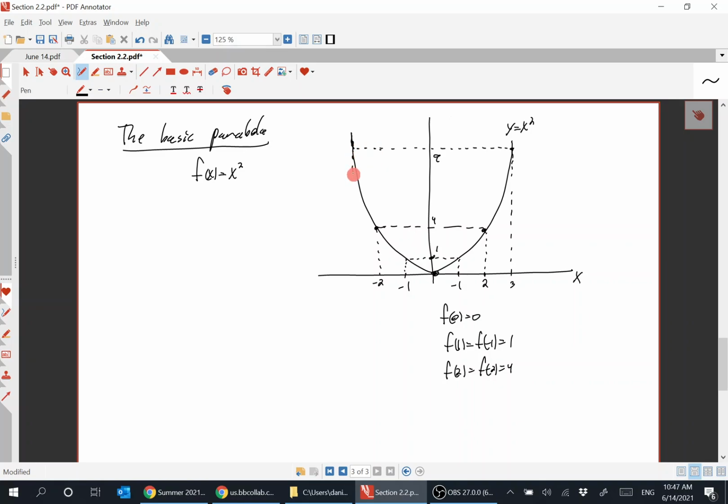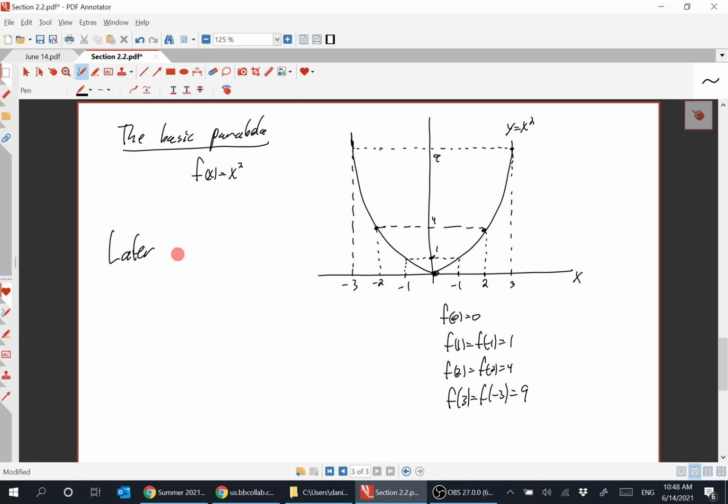So at 3 and at negative 3, we get negative 3 squared, or 3 squared, which is 9. So that's a standard function, f of x equal to x squared, and its graph, y equals x squared. It's one to remember, right, to put that one in your memory.